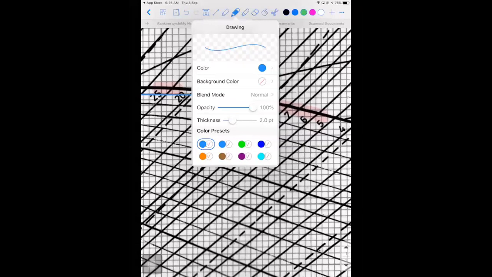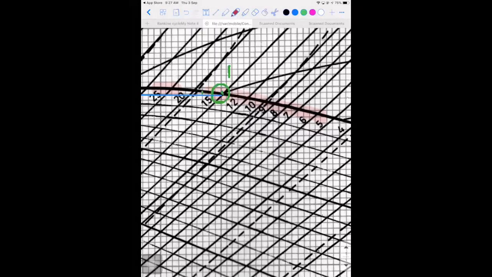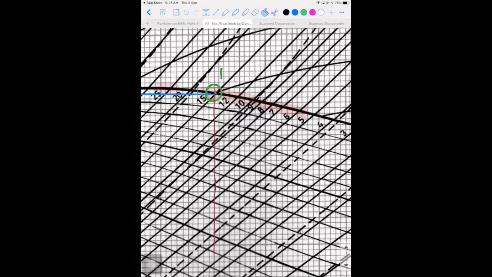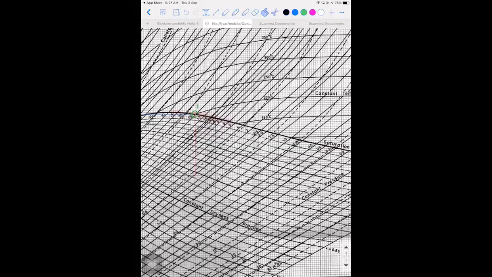How is this, is it right? The isentropic line I have to draw.